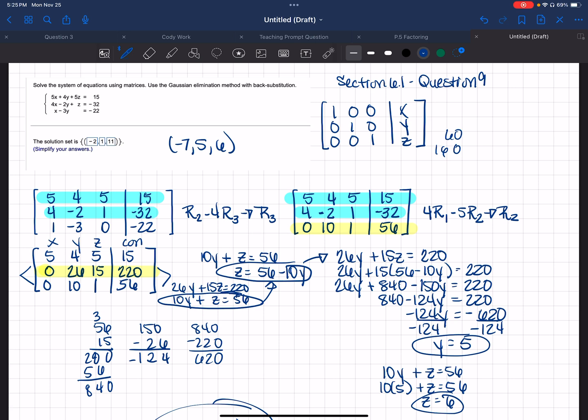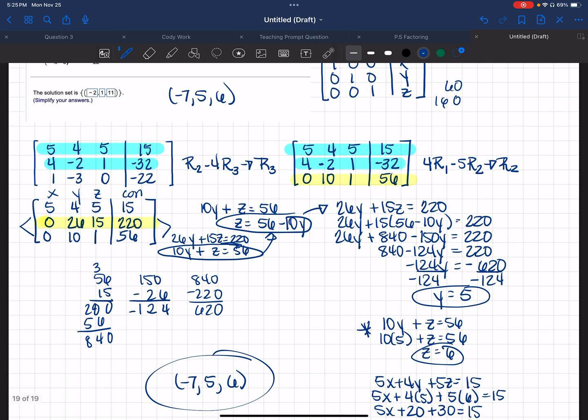I chose to put it back into 10y plus z equals 56 because I already had just a 1z there. So I'm going to plug in 5 for y. That's going to give me 10 times 5 plus z equals 56. So that's going to give me z equals 6.